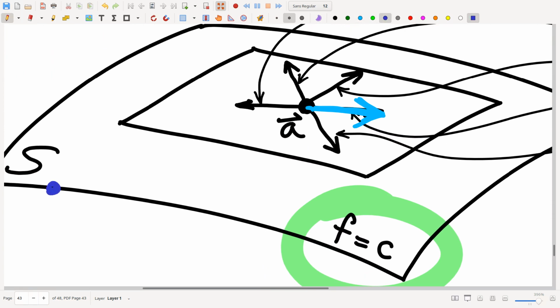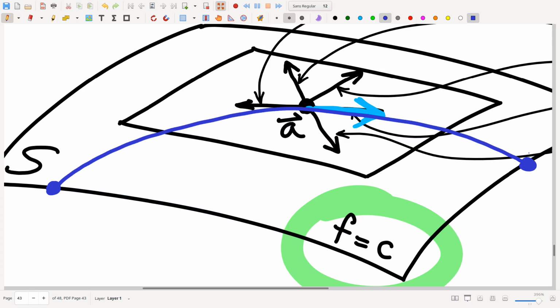So maybe I start there, and maybe I do something like this. Now this dark blue path that I've just drawn represents a path that is entirely within my surface. Every point I'm on the surface for the entire time, and notice that when I get to this point A, my velocity is a tangent vector. And I propose, I think pretty believably, that any tangent vector can be thought of as being a velocity vector for some curve that is entirely within our surface. That seem pretty believable? Yeah?